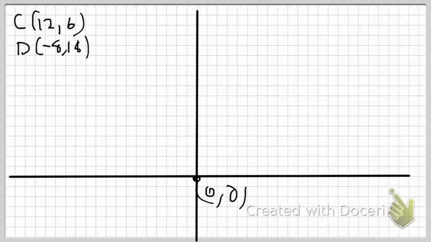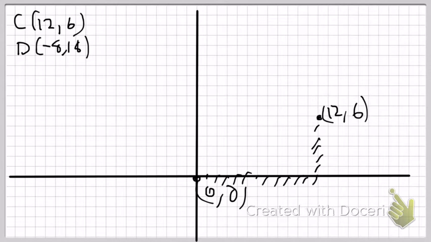So 12, 6, we're going to go right 12 on the x-axis, up 6 on the y. 1, 2, 3, 4, 5, 6, 7, 8, 9, 10, 11, 12. Up 1, 2, 3, 4, 5. We're going to go right there. 12, 6. And then negative 8, 18.